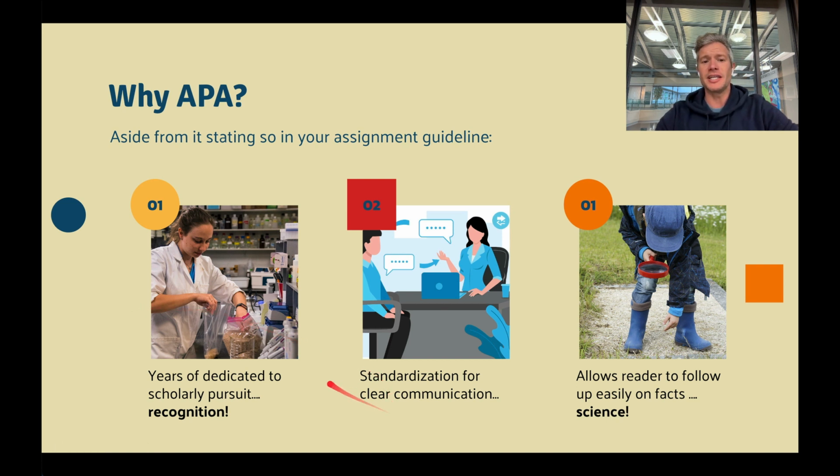The next one is purely just standardization. So how do we reference things purely from a readability standpoint? And when you look at APA, it does allow a lot of flow of reading to occur without interrupting your flow of thought. But it also allows for this previous part, which is recognition of where that idea came from.